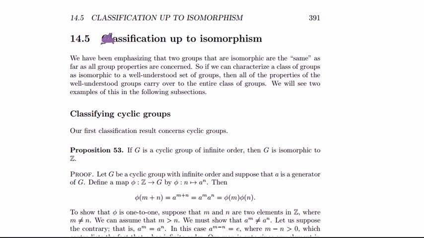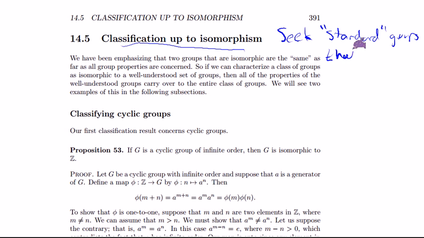All right, now, what are isomorphisms good for? Isomorphisms are good for classifying groups. So what we're actually going to do is seek standard groups that classify all groups up to isomorphism.